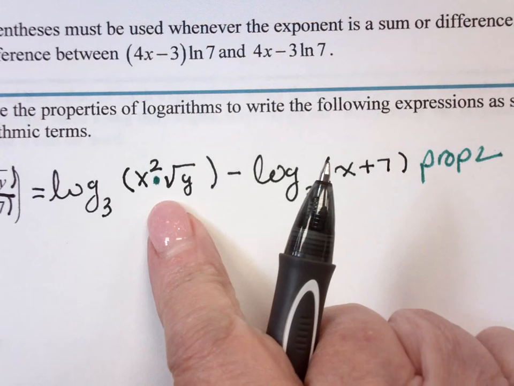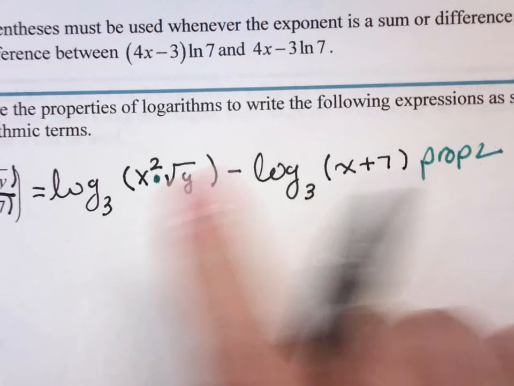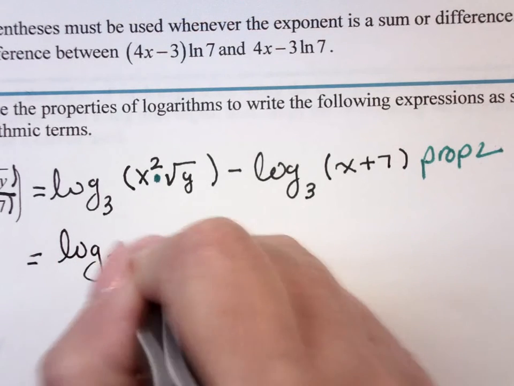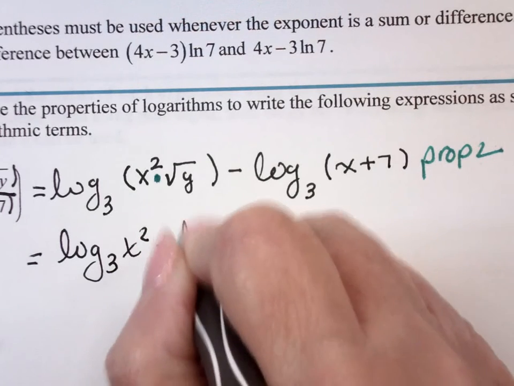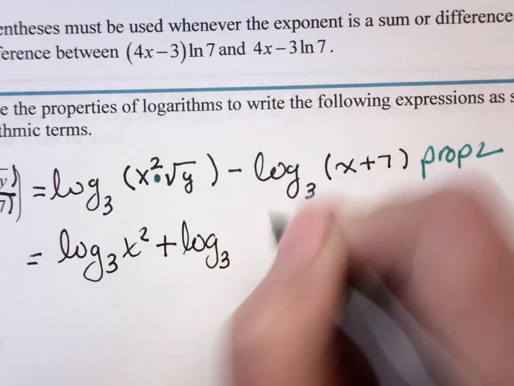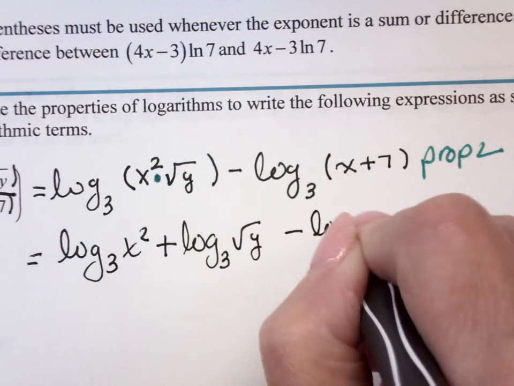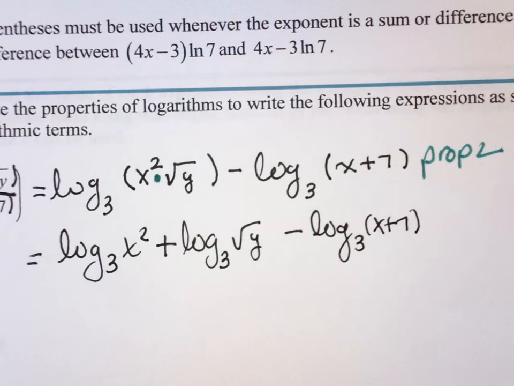A product turns into a sum. So this is log base 3 of x squared plus log base 3 of the square root of y minus log base 3 of x plus 7, and that's property 1.